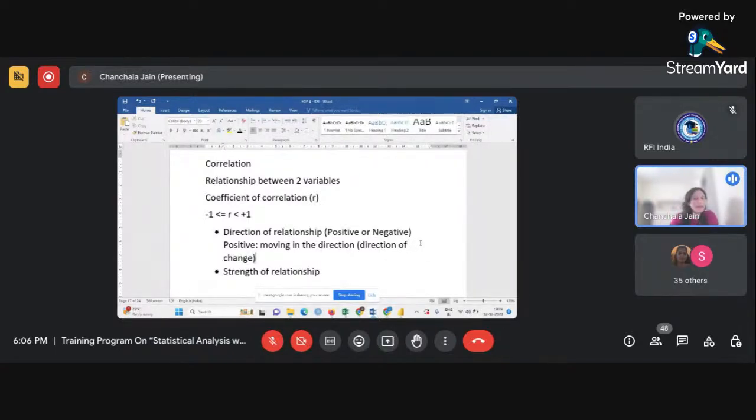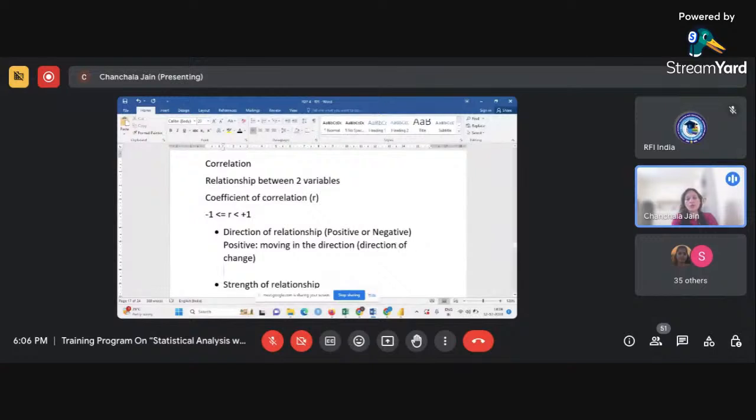A very simple example we have usually studied in economics classes: there is a law called the law of supply and price. In that we can say that when we are increasing the price, supply also increases. So that means the direction is the same. One thing you are increasing, the second thing is also increasing. If you are decreasing one thing, the other thing is also decreasing. That is a kind of positive correlation, right?